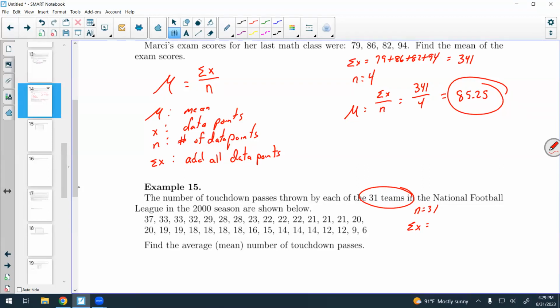There are 4 18s. 16, 15, 14, 14, 14, 12, 12, 9, and 6.